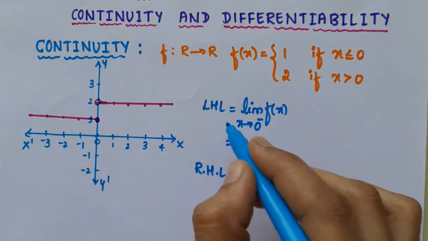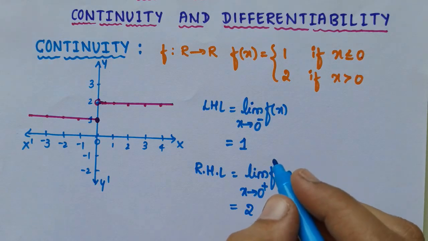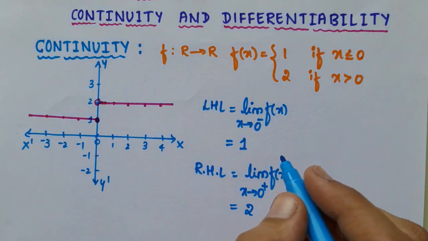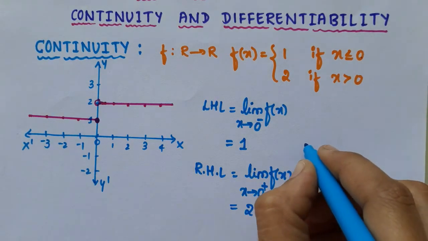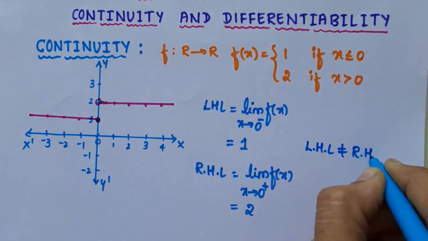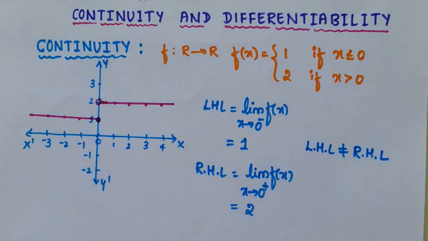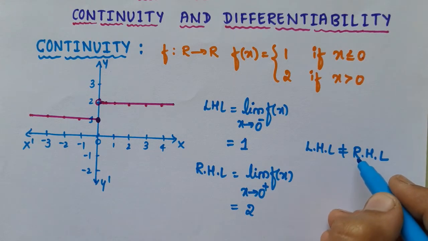Here the LHL value is 1 and the RHL value is 2. Therefore, the left hand limit and right hand limit do not coincide here. So, we can say that LHL is not equal to RHL. We can conclude that the left hand limit does not coincide with the right hand limit.